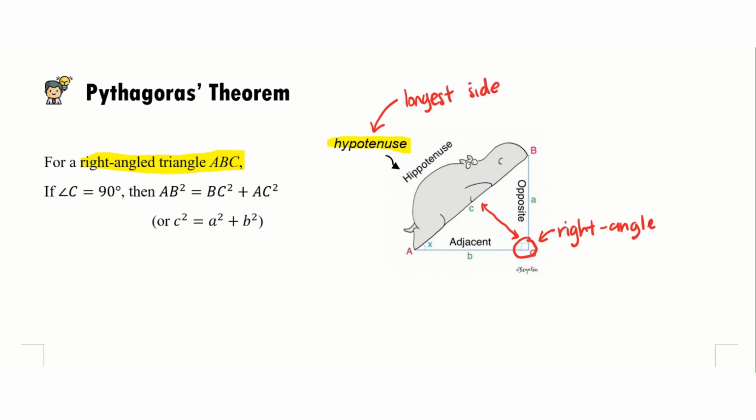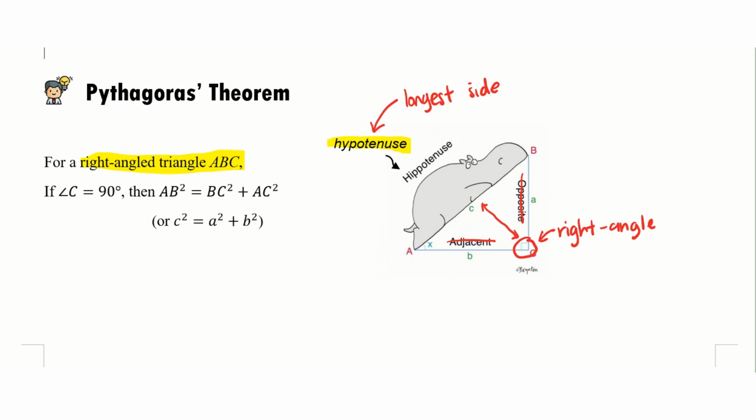In this diagram I have written the words opposite and adjacent. These are not important words for us to discuss right at the moment. We will be discussing more about this when you enter Sec 3, so you may ignore these words first.